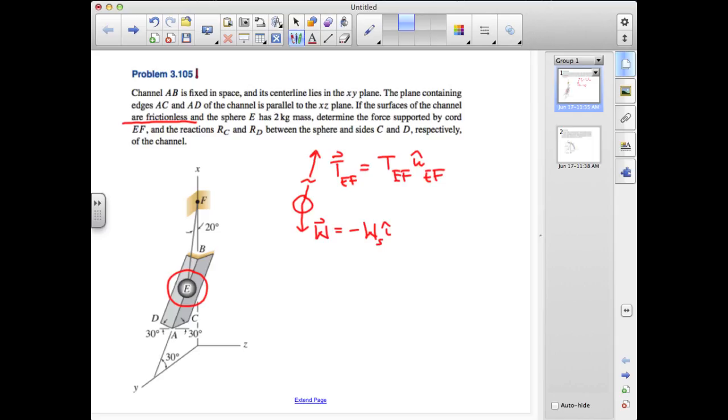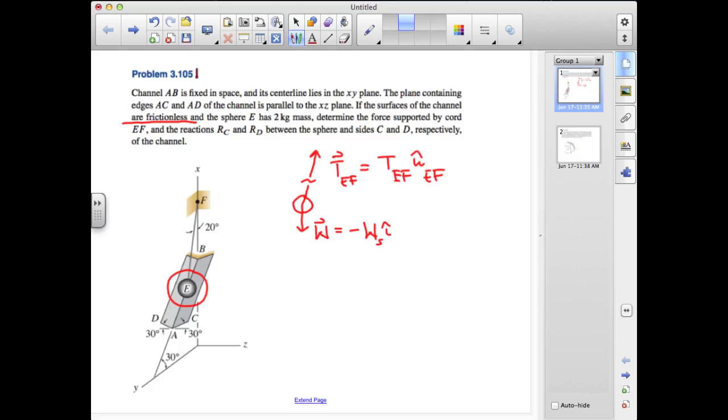How should we represent the reaction forces provided by the edges AC and AD of the channel? We're told that the channel surface is frictionless, which tells us the reaction force is purely normal to that plane. We'll talk about how to find those normals in just a minute.